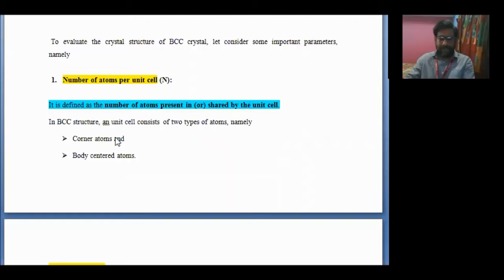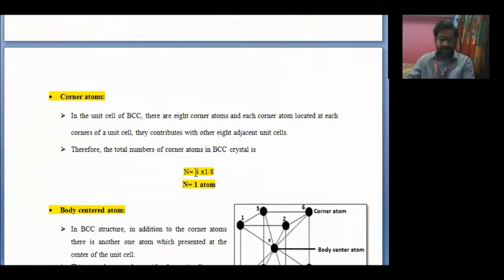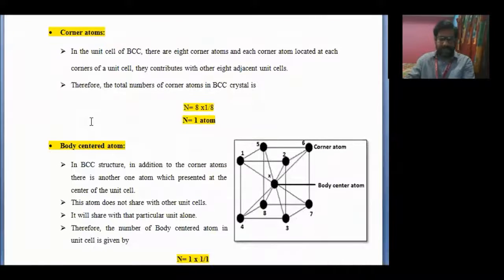There are two different types of atoms in the BCC structure, corner atom and body-centered atom. See, the first case, corner atom. As we all know well, we have 8 corner atoms. These 8 corner atoms are shared with the 8 adjacent unit cells.